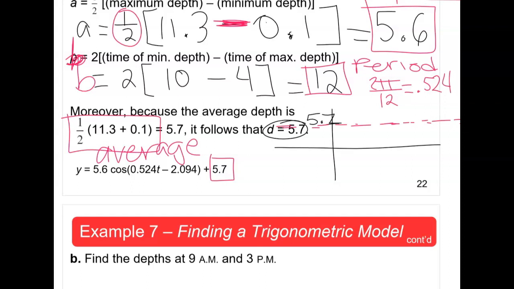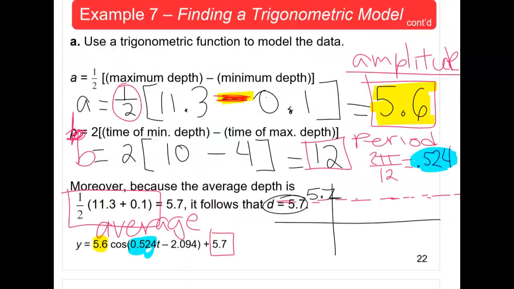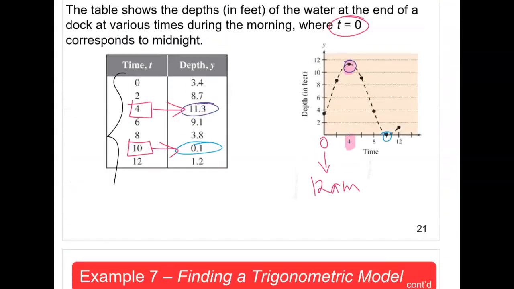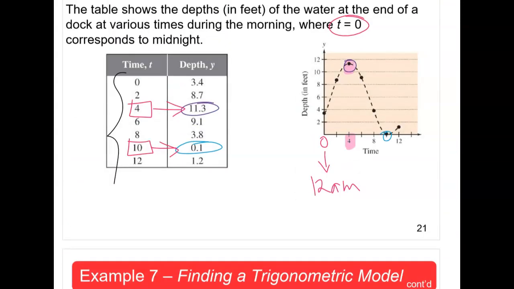So far we have the amplitude, which we got by taking the difference of the min and the max and dividing it by 2. We also got the value for B, which we have here. And we're using cosine because we're using the highest point as the starting point right here.